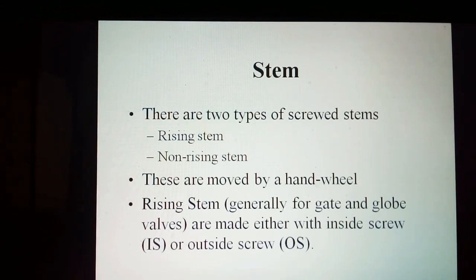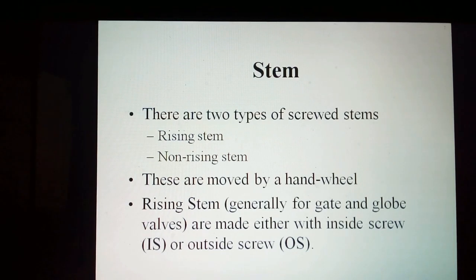The floor stand is a stem extension for use with both types of stem, where it is necessary to operate the valve from a floor or platform. Alternately, rods fitted with universal joints may be used to bring a valve hand wheel within an operator's reach. In addition to these, most other valves have a simple rotary stem.